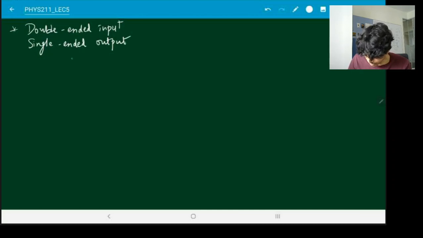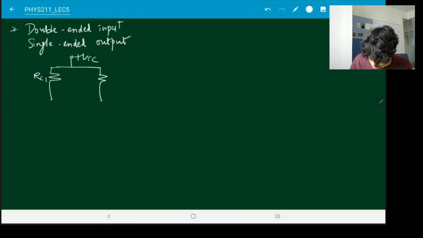So what does that look like? Plus VCC, RC1. Actually, I'll take both of them to be the same, RC.